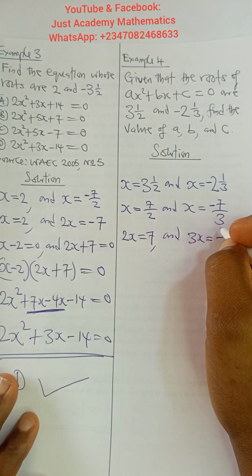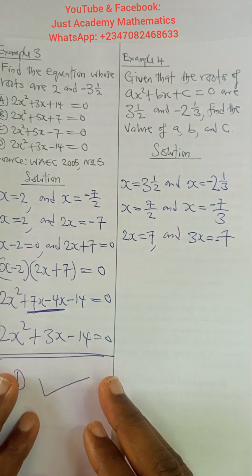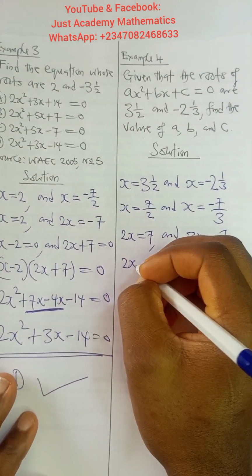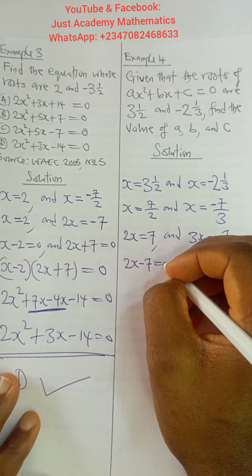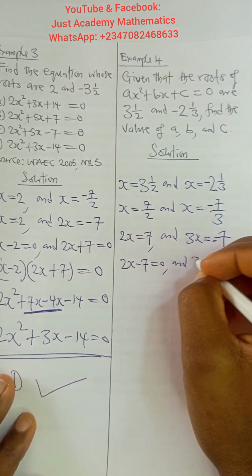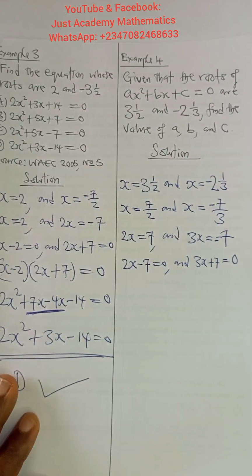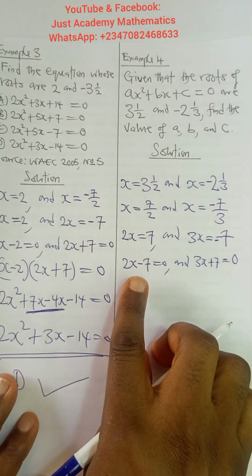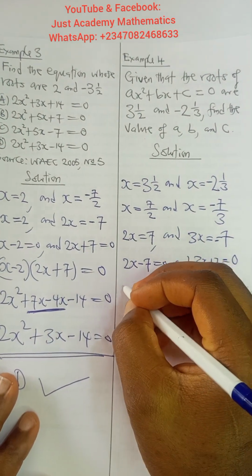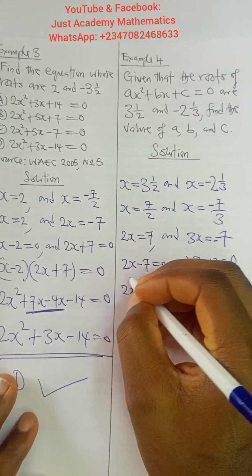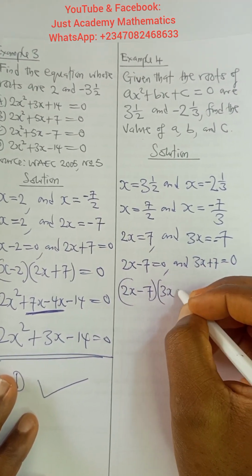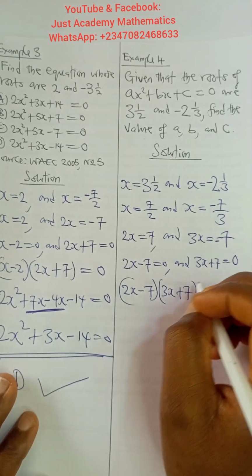You equate both of them to 0. If you equate both of them to 0, you get 2x minus 7 is equal to 0, and 3x plus 7 is equal to 0. So we equate both of them to 0. Then you have (2x - 7)(3x + 7) = 0.